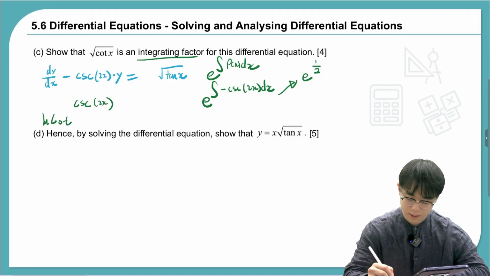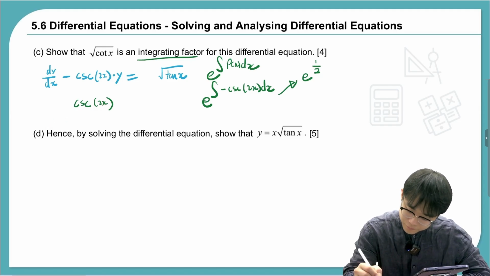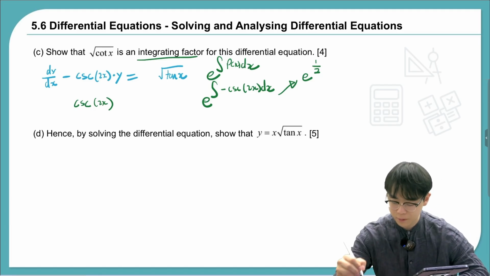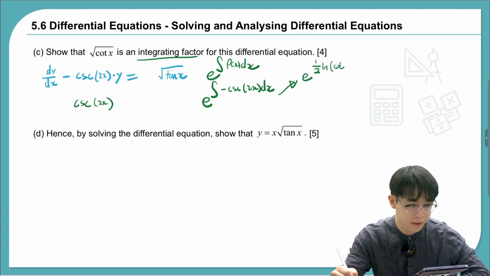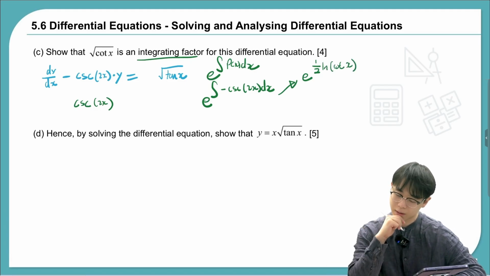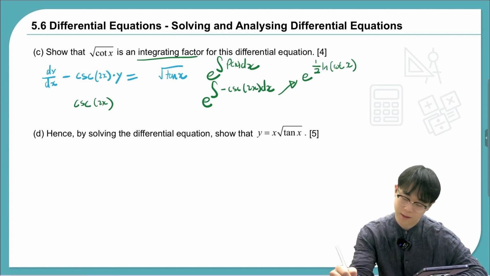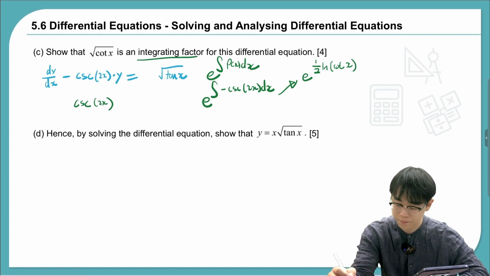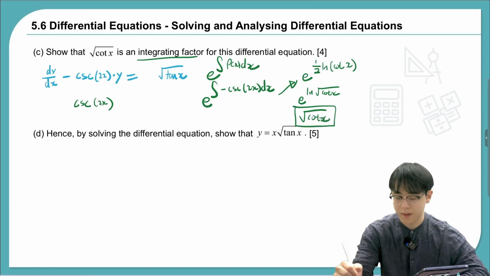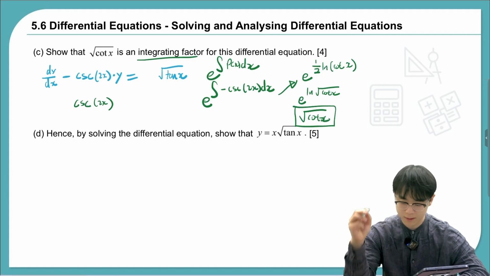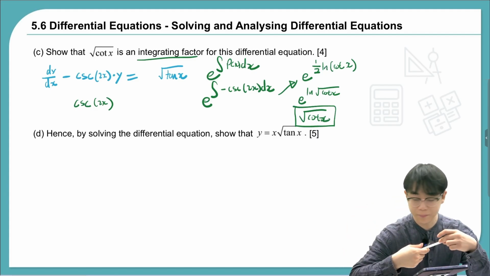If we were to quickly look at our formula booklet, we see that this should give us 1/2 ln cotangent x. Okay, so this is what we would get for our integrating factor. That would just be e to the power of ln square root of cotangent x, or it would just be square root of cotangent x. So this would be using properties of logs and exponents, right? So that would be our integrating factor.